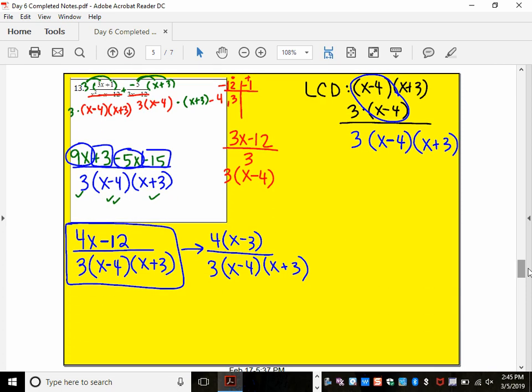All right, look at number 13. On 13, I had to get factors for both denominators. So I got x minus 4, x plus 3. And for 3x minus 12, I put it right here in the middle. Take out your GCF, you get 3 times x minus 4. I added both of these over here to my LCD. My x minus 4s are pairs.